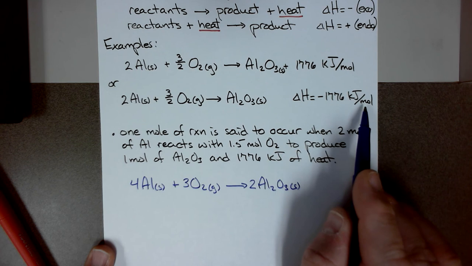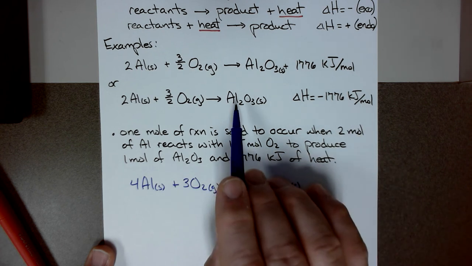But based on how this is written, we're looking at this 1776 kilojoules per mole of reaction based on 1 mole of product being produced.